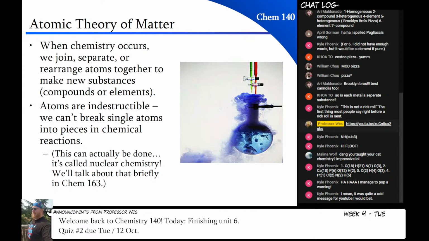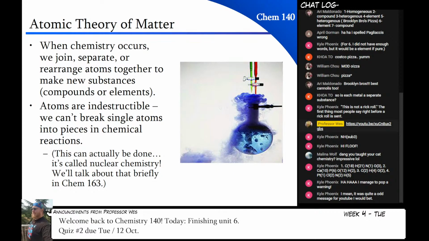Now, that's not to say that you can't do this at all. In fact, there's a lot of research that's going on in particle colliders in places like CERN in Switzerland, where we accelerate atoms to extremely high speeds around a track, and then we collide them into other things. And then we observe what happens.